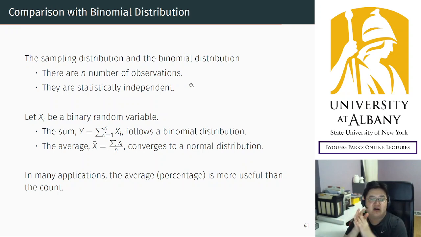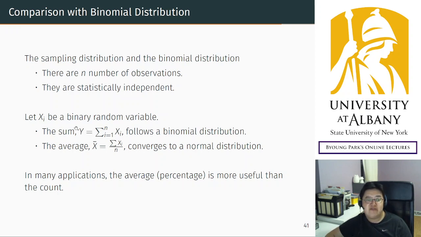Here, let me think about this. In the binomial experiment, you repeat a binary experiment again and again. A single experiment is a binary experiment, but you do that for n number of times, right? Based on the binary random variable as a single experiment, if you calculate the sum, it becomes a binomial distribution.